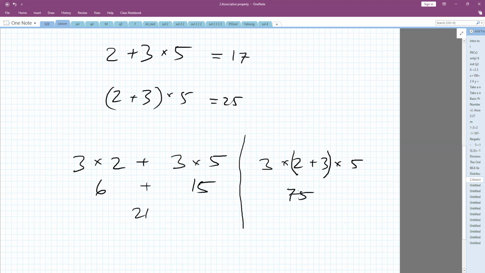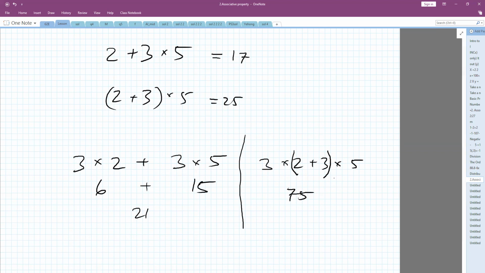Yes, 75, very good. So again, when we have a mixture of addition and multiplication, if you don't have a bracket, we do the multiplication first, and then at the end you add all of them. But when you have a bracket, you have to do what's in the bracket first.